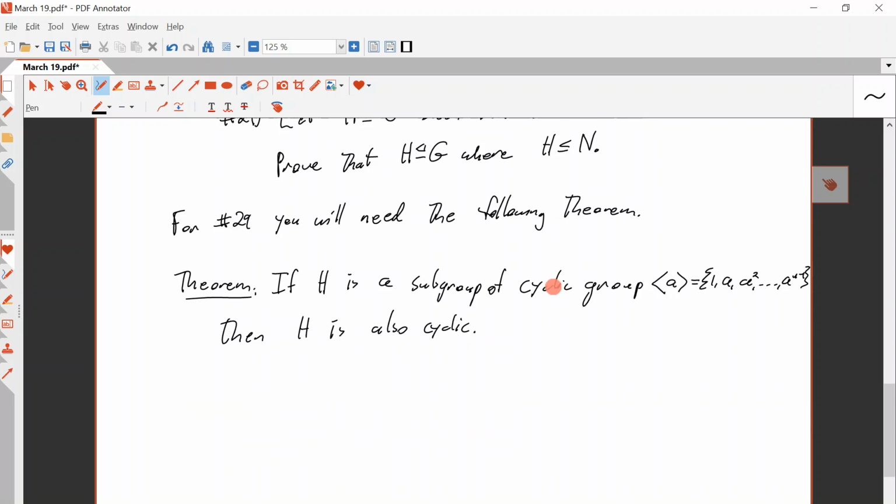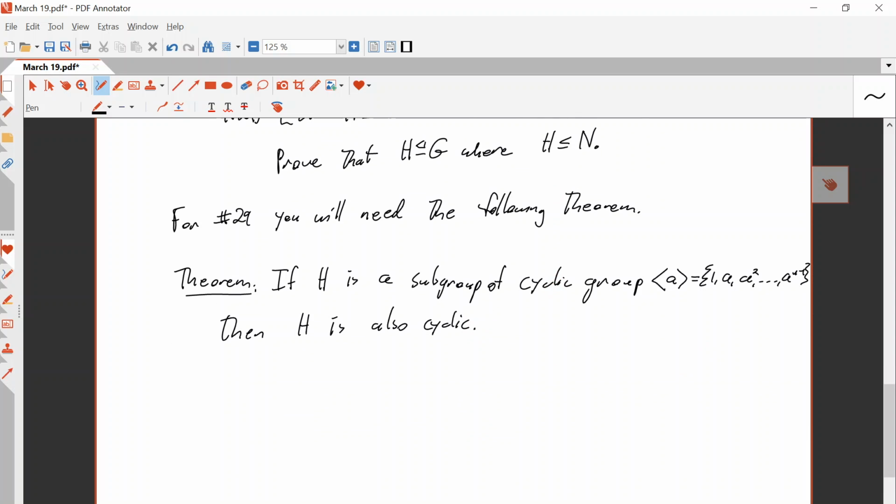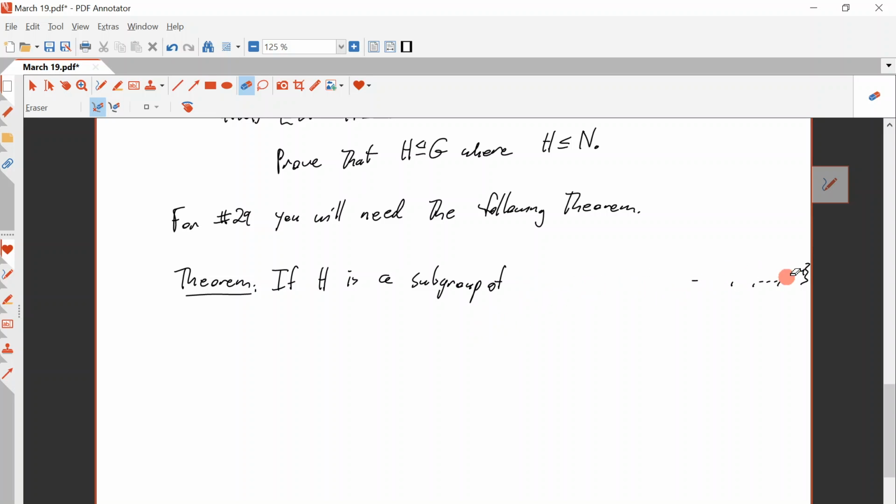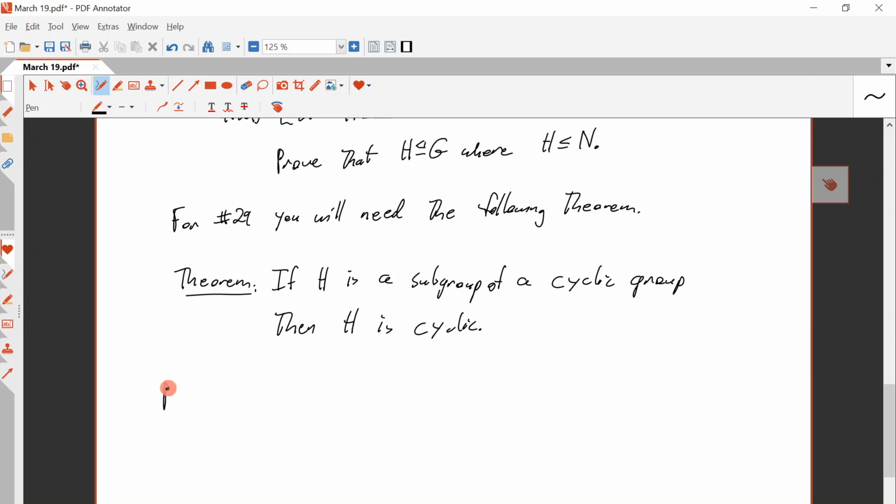So any subgroup of a cyclic group is still cyclic. And we'll just do finite. Let's say it that way: any subgroup H of a cyclic group is cyclic as well. Okay, proof, we'll just do the proof for finite groups.